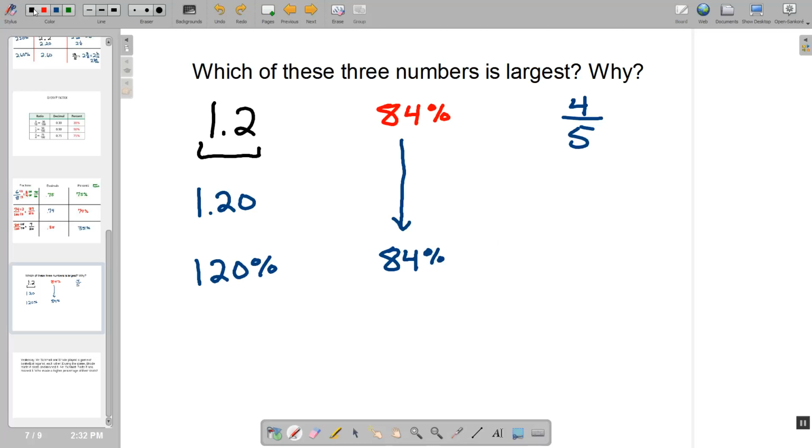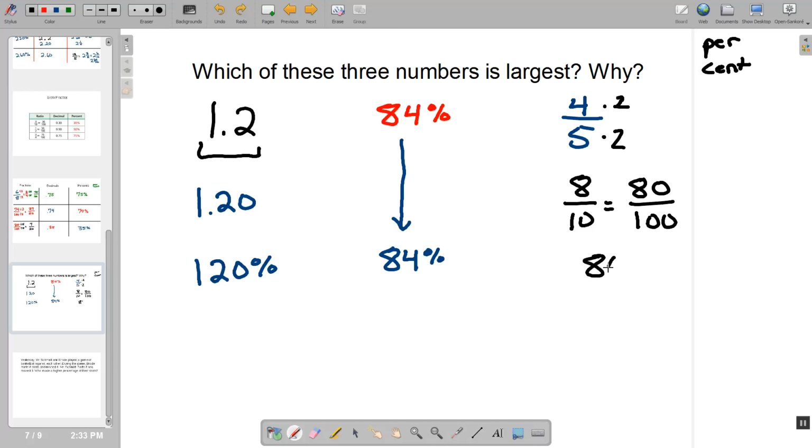And the last problem is a fraction. So to turn this into a percentage, we need per century, per hundred. So I'm going to multiply both of these numbers by 2 to turn this into 8 tenths. Well, 8 tenths is the same as 80 hundredths. And now we have our percentage, which is 80%.